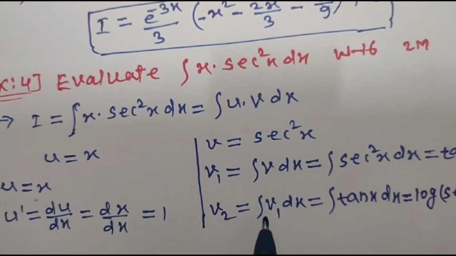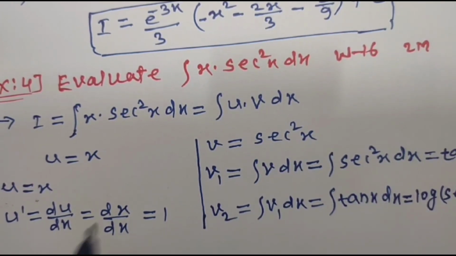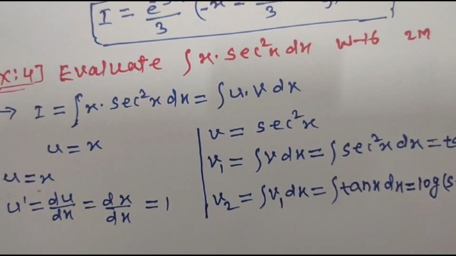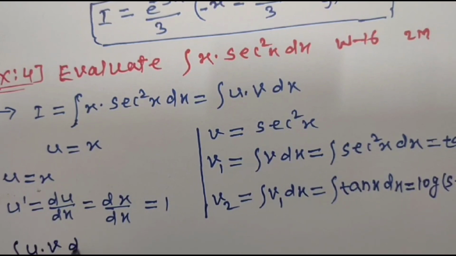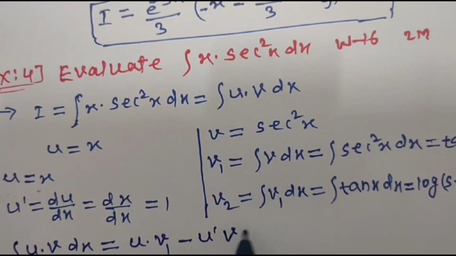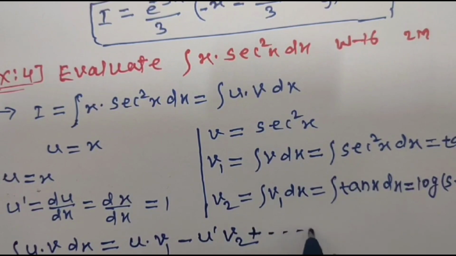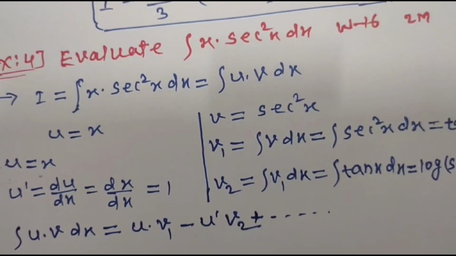So the process stops here, and then put u, u dash, v1, v2 in the special formula of integration by parts. The integral of u into v with respect to x is equal to u into v1 minus u dash into v2. The next term will be 0. If you want, you can put the next terms like this by dot dot dot.